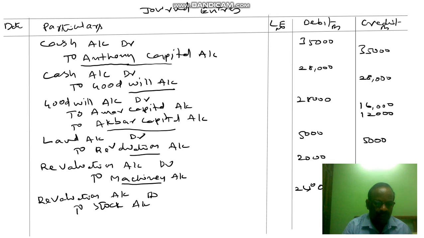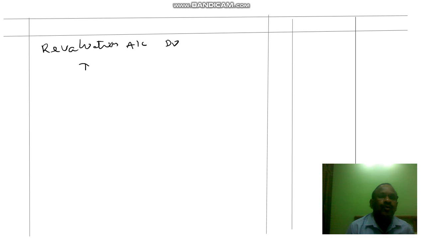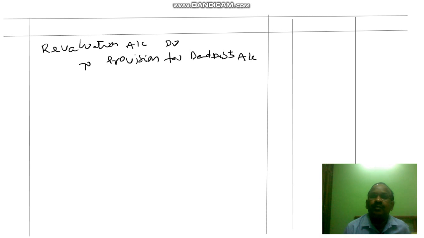Next one is provision for bad debts. So here the revaluation account debit to provision for bad debts account, that is 1,300. And students, there is some amount to convert.